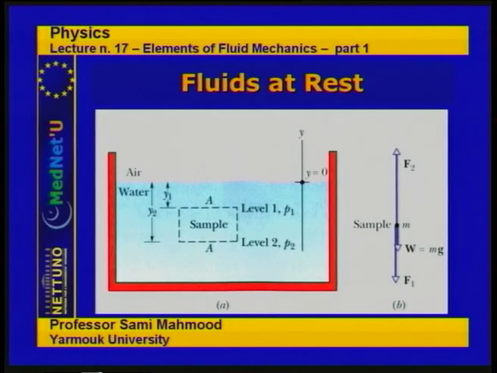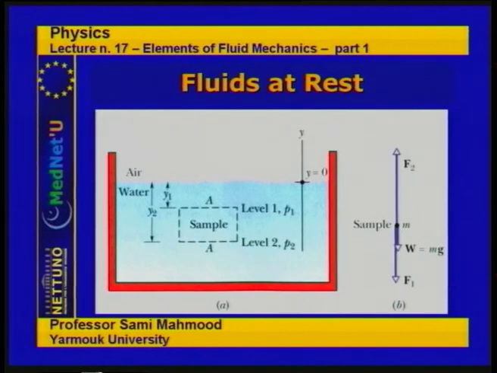and we call the pressure at level 2 P2, and we are ready to analyze the equilibrium situation of this mass sample. Notice that this sample under consideration is in equilibrium. It doesn't move.